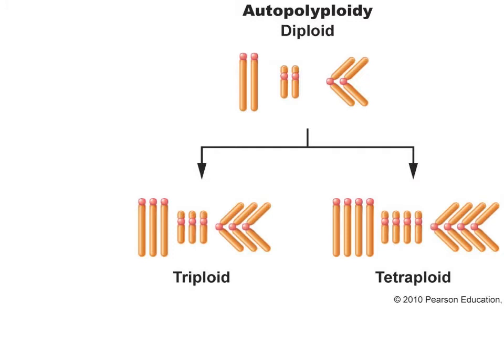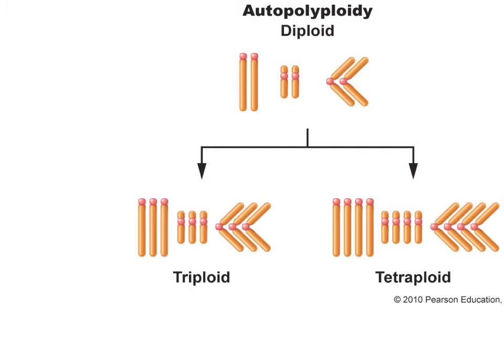Now, an autopolyploid is a polyploid species that could be triploid or tetraploid, that has multiple copies, more than 2 sets of the chromosomes for that same species, for one species. So basically a tetraploid for this species would have 4n equals 12. They have 12 chromosomes total, bottom right here. They have 4 of each of the 3 chromosomes, but you'll see that all 4 of each of those 3 are the same.